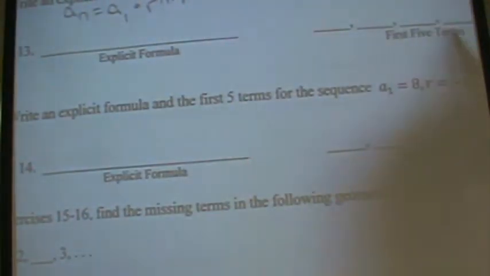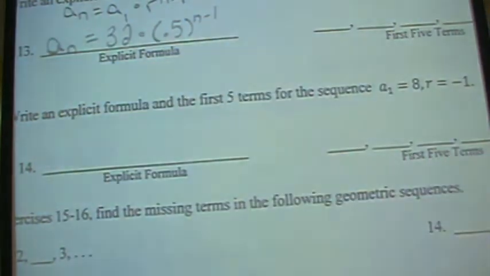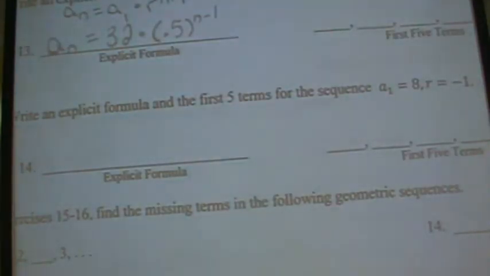We're told that a1 equals 32 and r equals 0.5. So our explicit formula, not looking for a specific term, is an equals 32 times 0.5 to the n minus 1. Again, we're not looking for a specific term, we're just writing this generally.